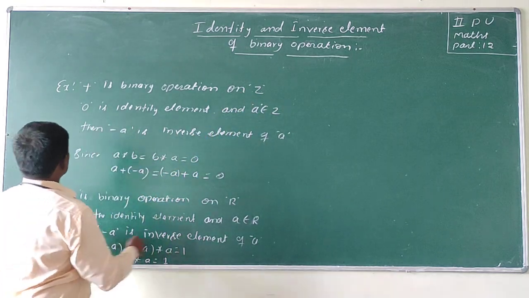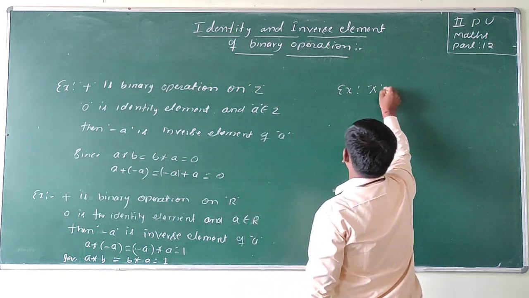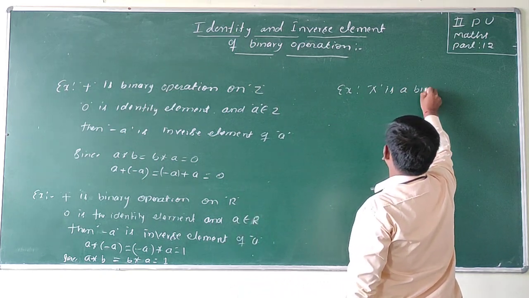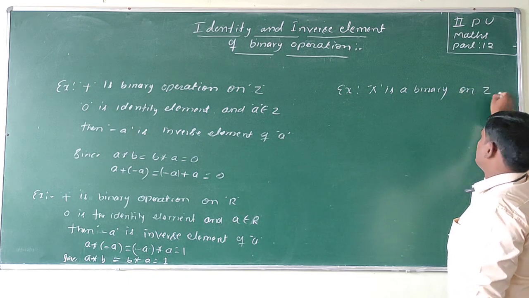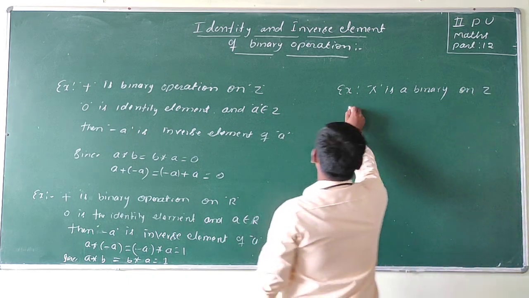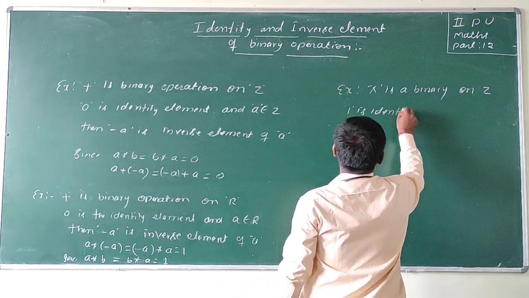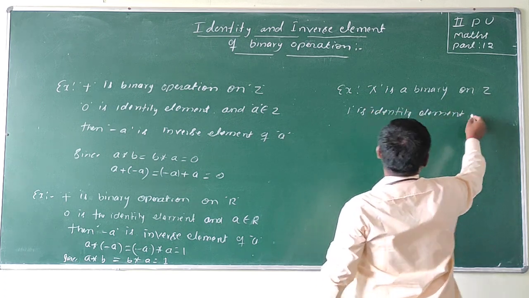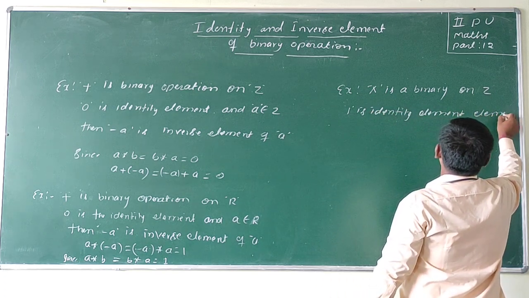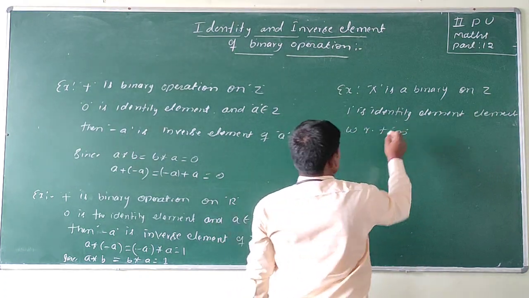Okay, one more example. Multiplication is a binary operation on Z. 1 is the identity element with respect to multiplication.